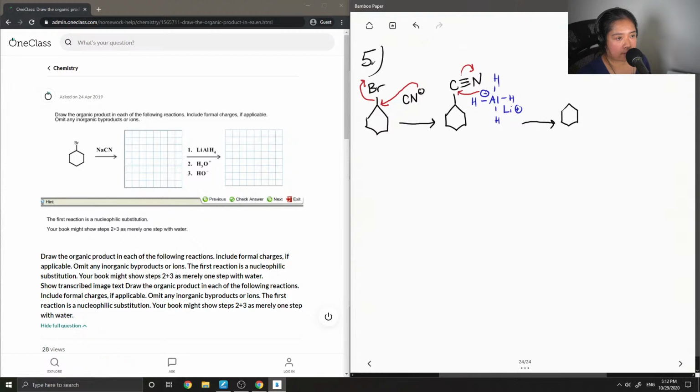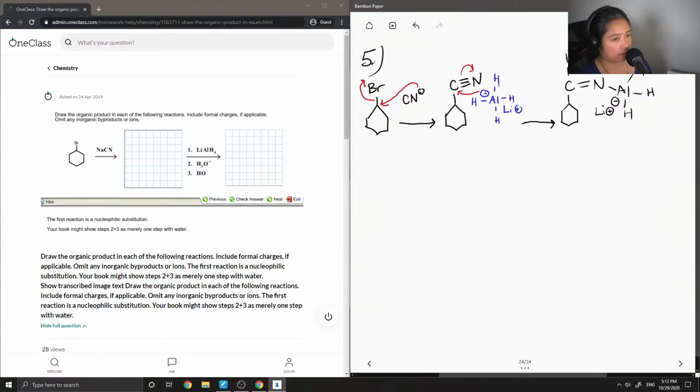But basically this is a multi-step mechanism that occurs, and eventually the aluminum is bonded with the nitrogen. And then you get this intermediate.